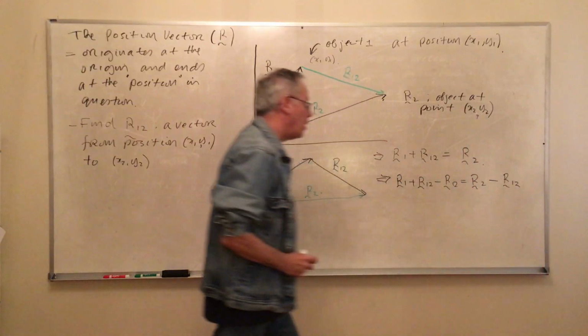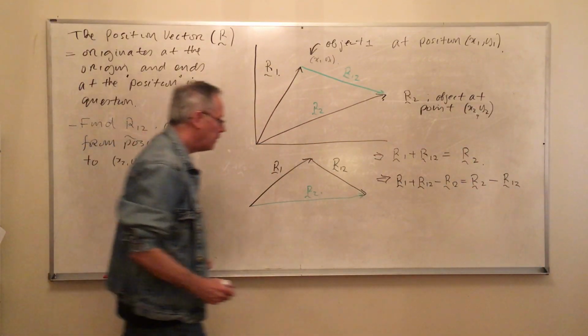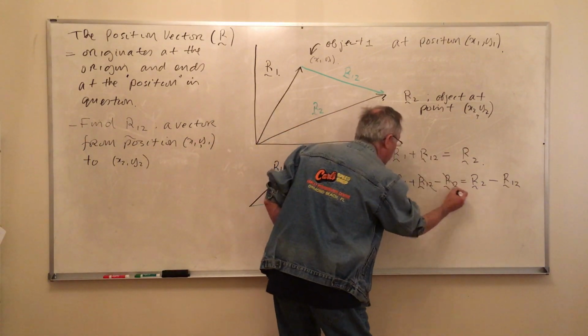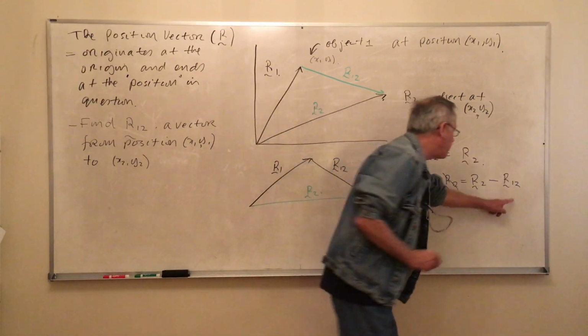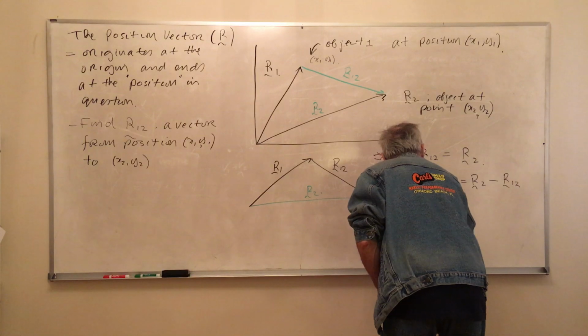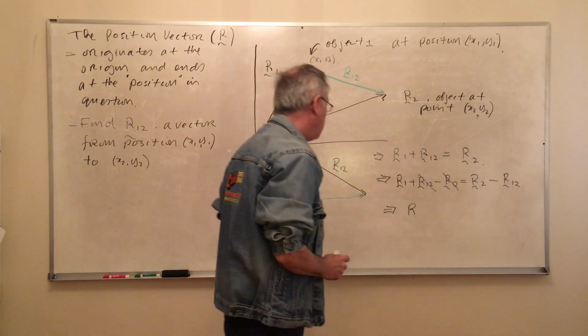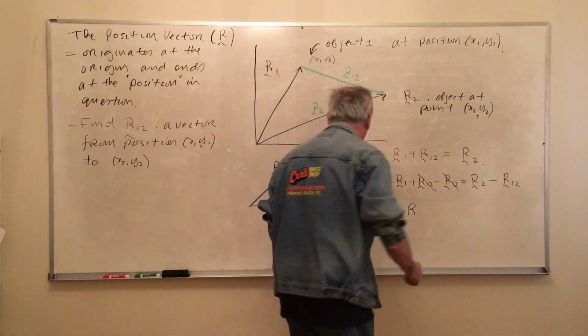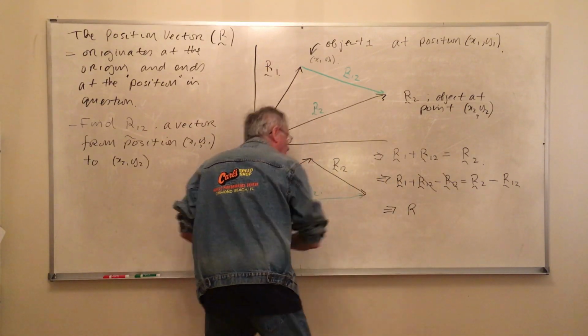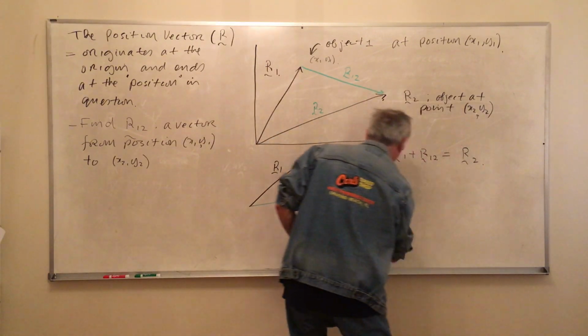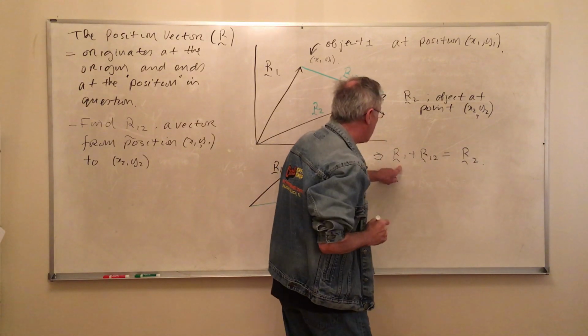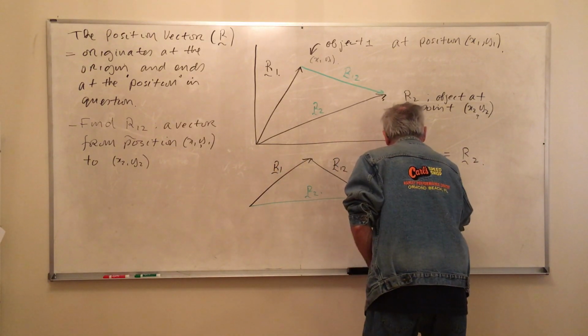if we subtract R12 from both sides, it's going to cancel here. Actually, I didn't mean to do it that way. Let me do it slightly different. I'm going to subtract R1 from both sides.